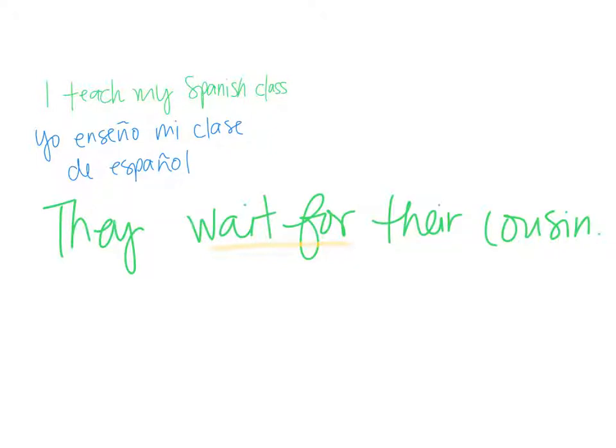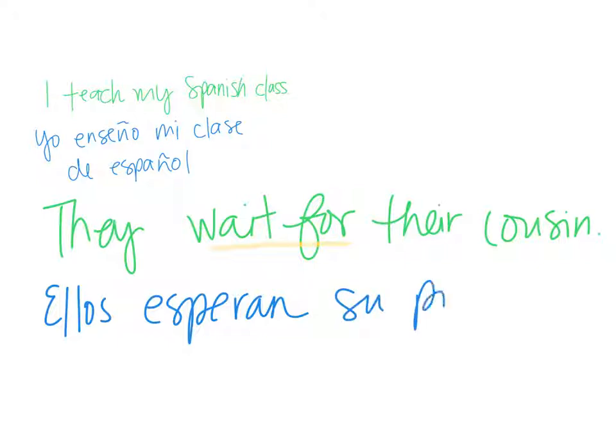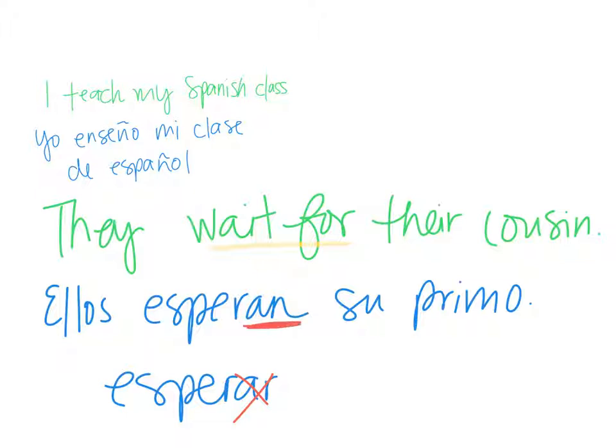Go ahead and translate that. Alright, you should have come up with ellos esperan su primo. Ellos esperan, because the word esperar is the word that means wait for. So we would take off the AR and then add the AN and then su primo, their cousin. Okay?